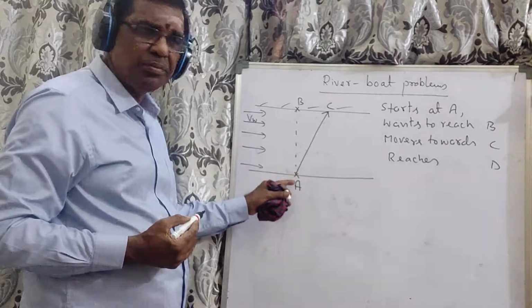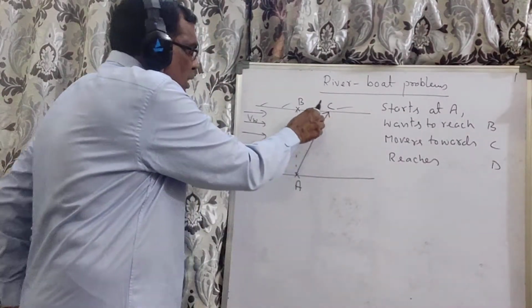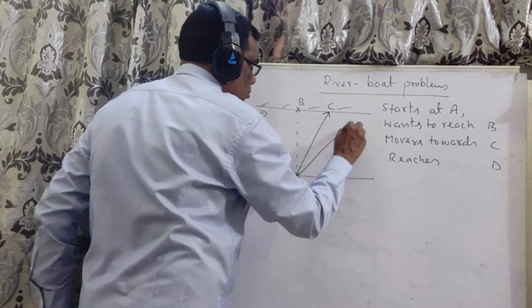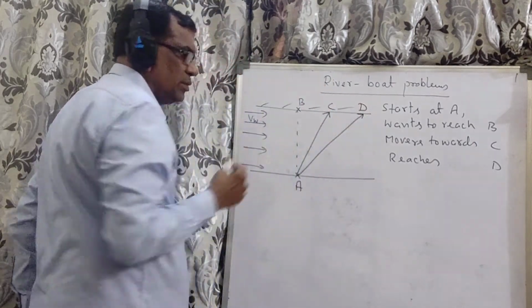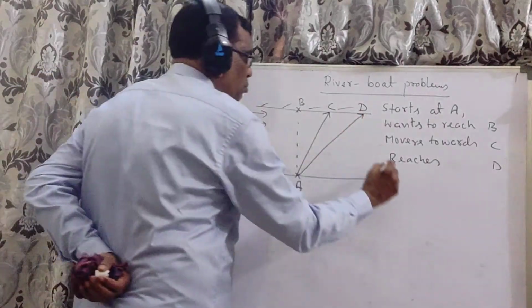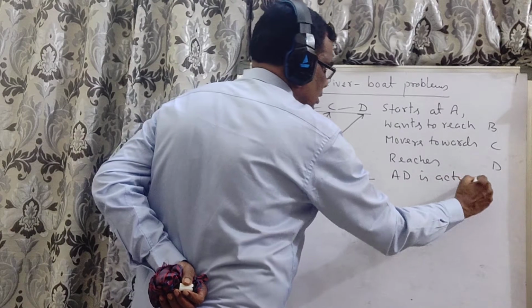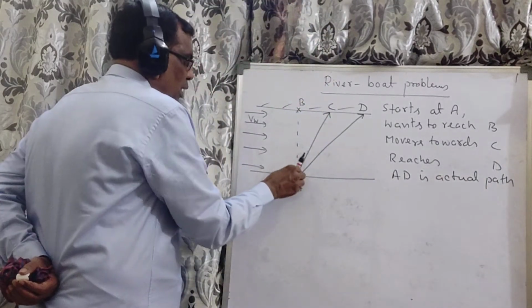Starts at A, wants to go to B, sails towards C, but because of this he is drifted, he reaches D. This is the actual path. AD is the actual path. But how?